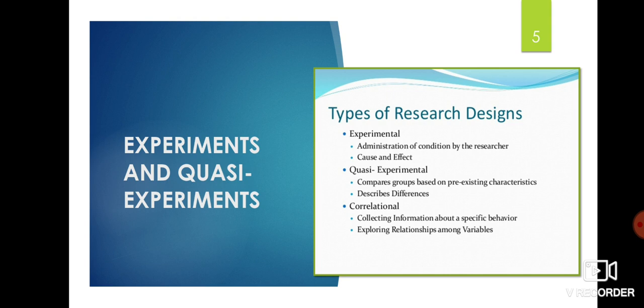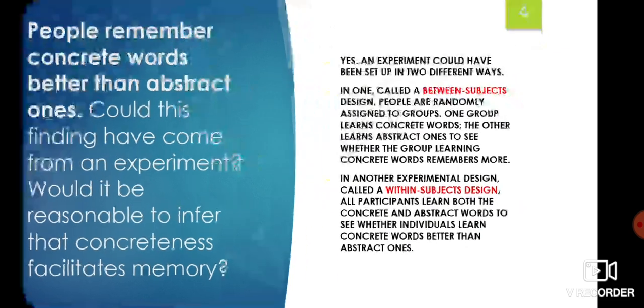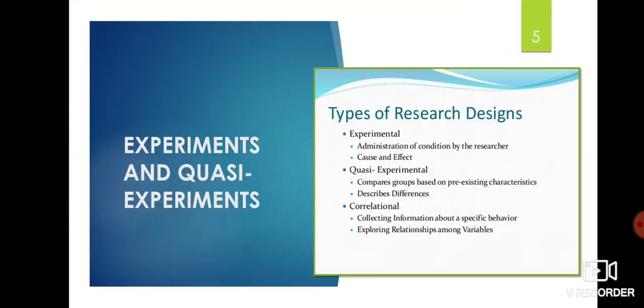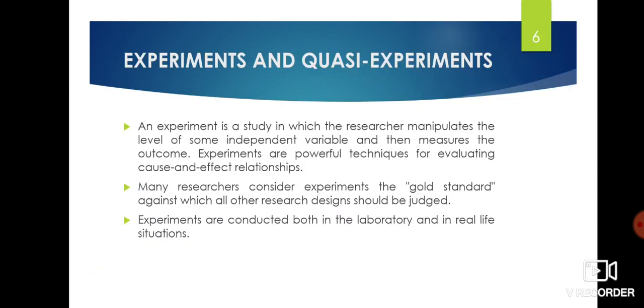And number 2 is kapag merong pre-existing characteristic yung iyong mga subjects like gender, educational background, so on and so forth, na it's impossible for them to regroup. So, you go in quasi-experimental study. Yun. Next class. More on experiments and quasi-experiment.